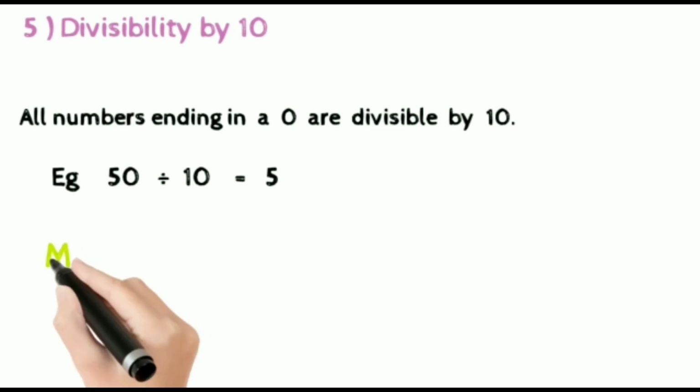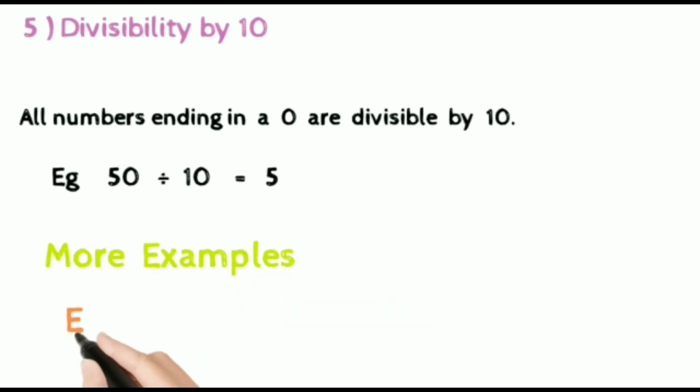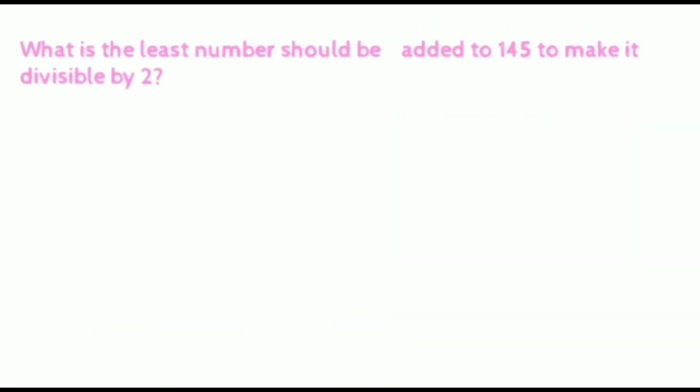Next, we are going to learn more examples with bigger numbers. Example, which is the least number that should be added to 145 to make it divisible by 2? We know that all even numbers are divisible by 2, but 145 is an odd number.